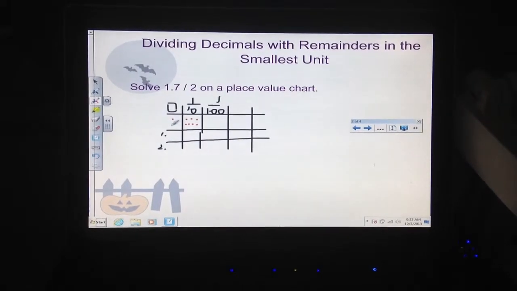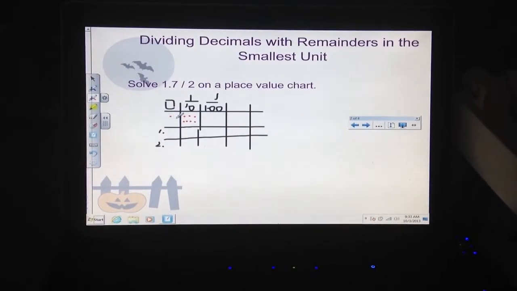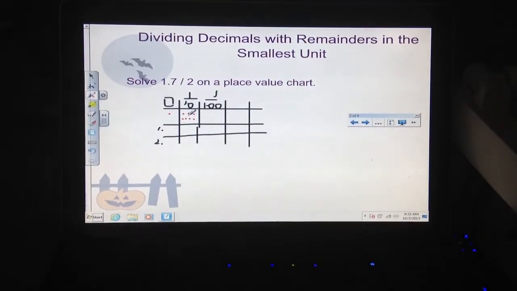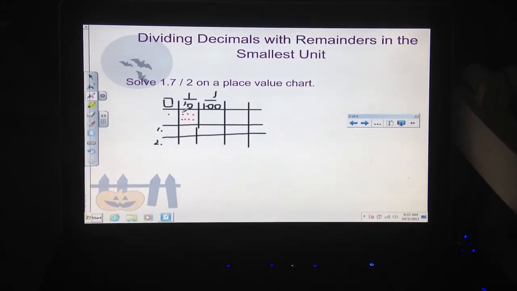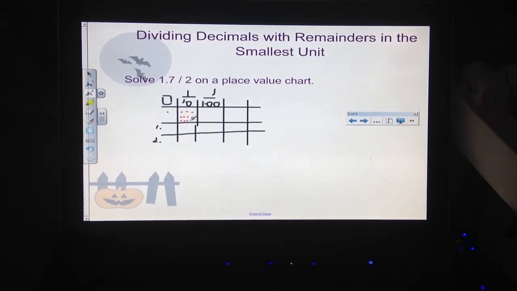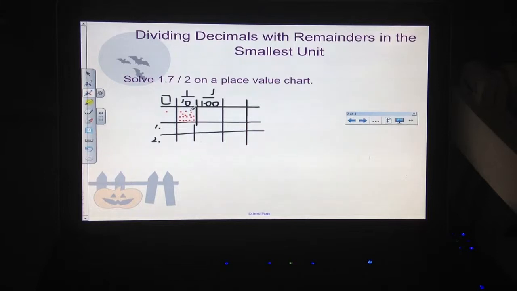So this 1 here, obviously it's very clear that I can't separate this 1 into 2 different groups. So what will happen is it will come over here into the tenths column, but it will come over in the form of 10. So now I have 1, 2, 3, 4, 5, 6, 7, 8, 9, 10. And that will get rid of this guy right here.